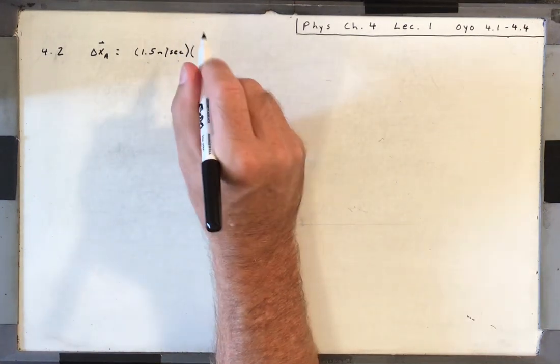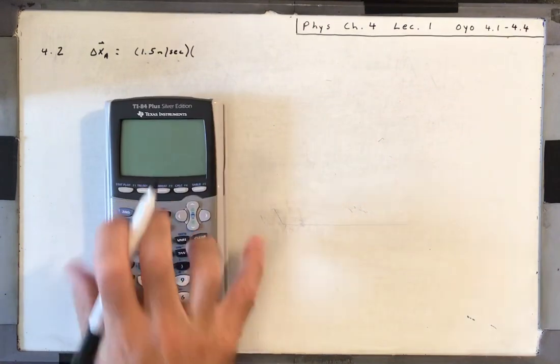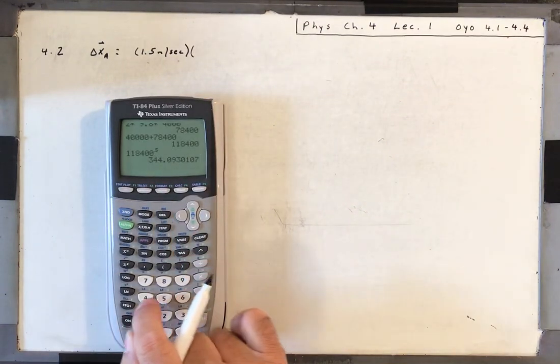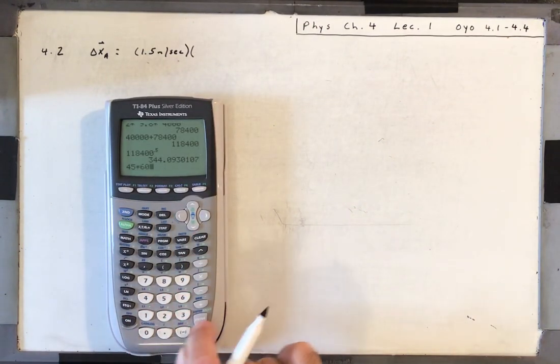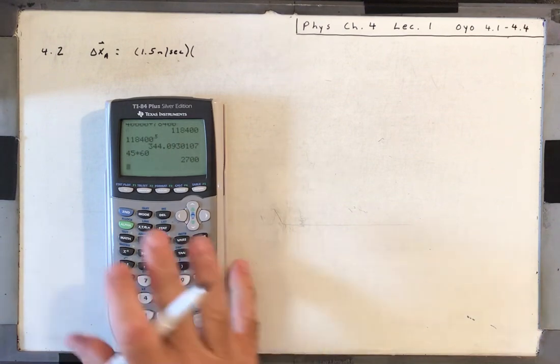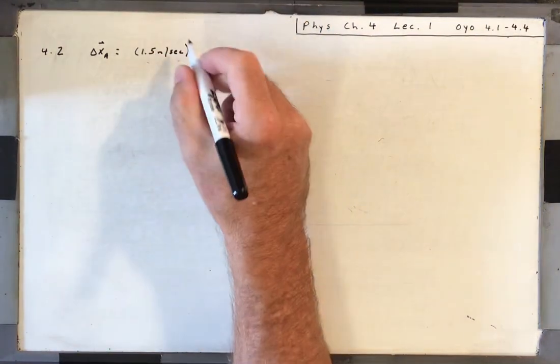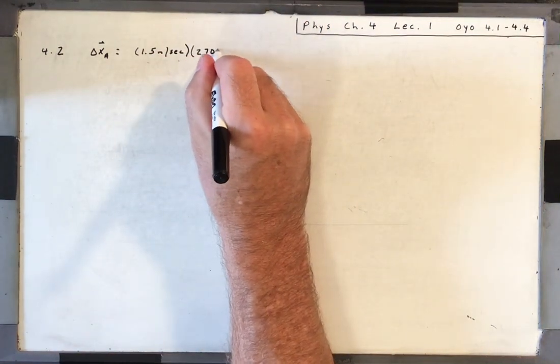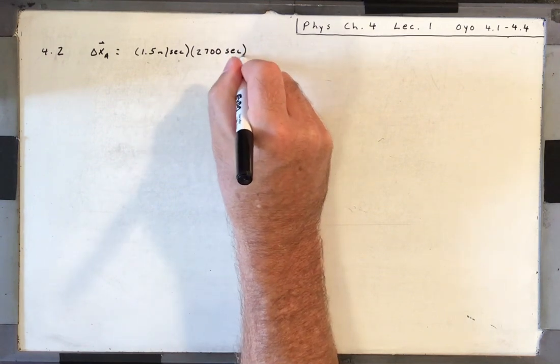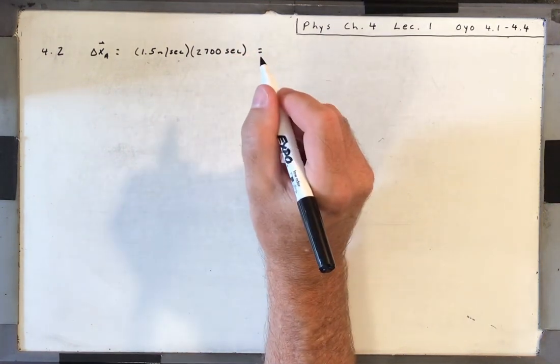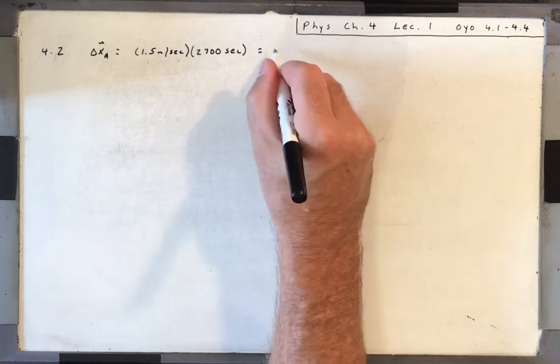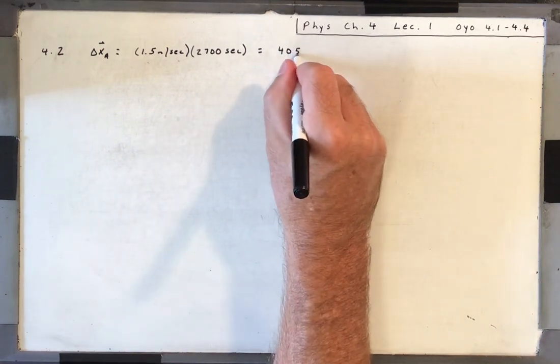So how many seconds are in 45 minutes? Well, it's 45 times 60, right? So that's 2,700 seconds. So be careful to convert it. And that is 4,050 meters.